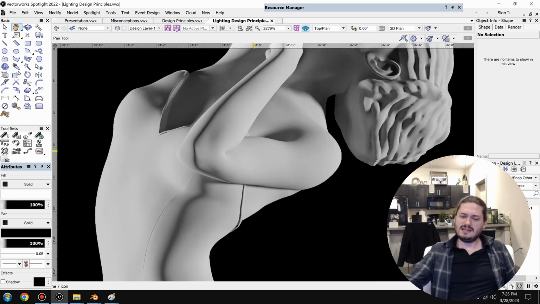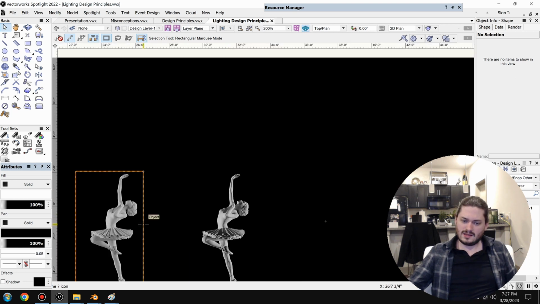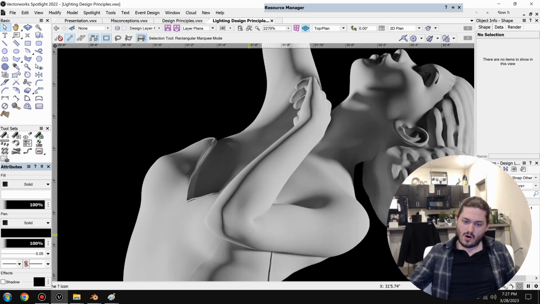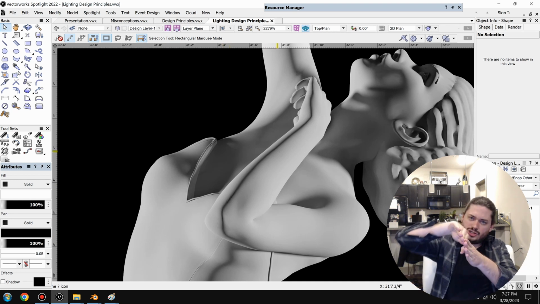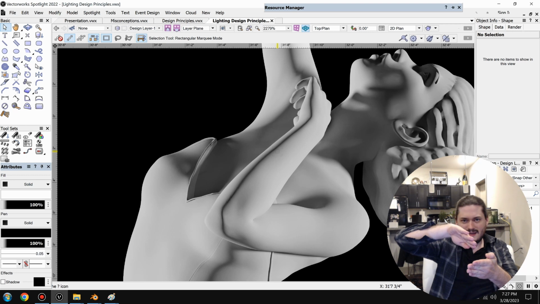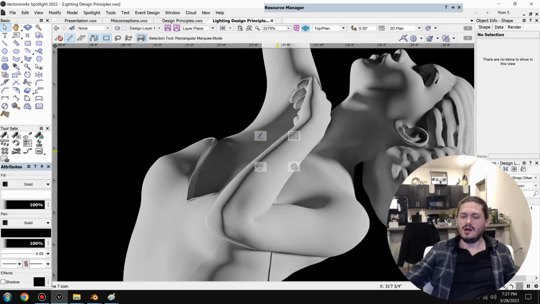You start to see things like this line right here. What's happening there is you have one light coming this way, one light coming this way, and the arm is blocking any of the light that would make it here. And as you cheat it a certain direction, you're going to be picking up more of that light, and the further you get off of that axis, the less light it's going to pick up.